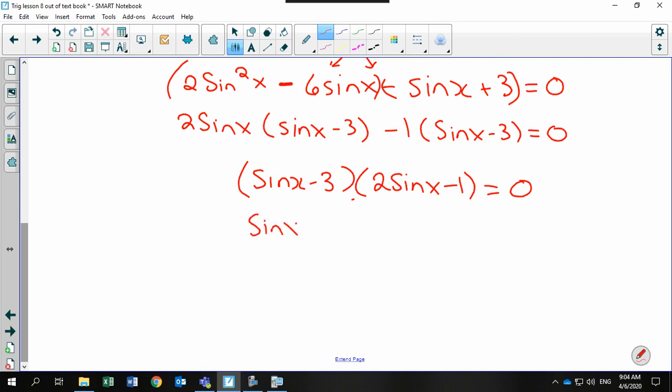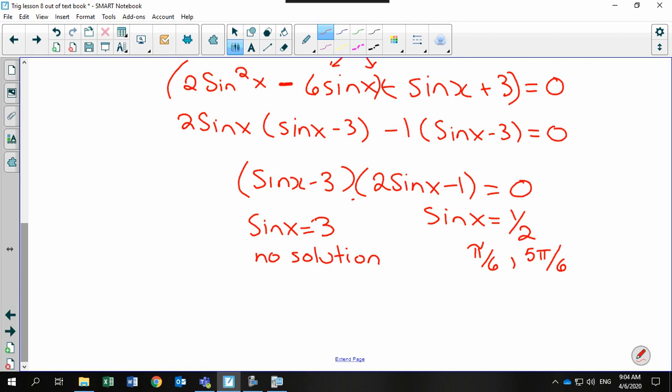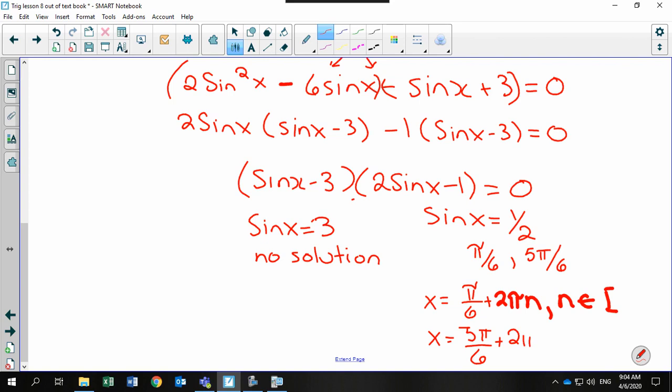We have sine of x is equal to 3, no solution. And sine x equals positive 1/2, which happens at pi over 6 and 5 pi over 6, which we can just say in general, pi over 6 plus 2 pi n, not pi n, when n is an integer, and 5 pi over 6 plus 2 pi n when n is an integer.